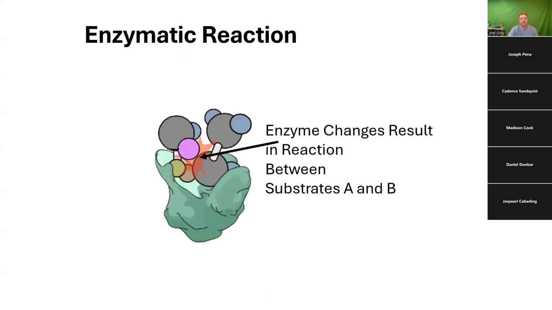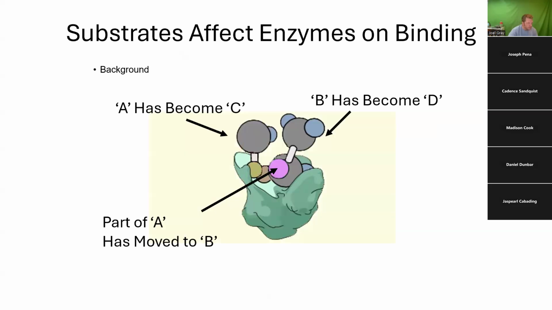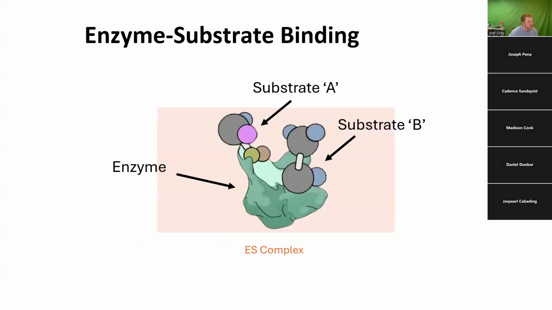The enzyme will bring these two things in close enough proximity where a reaction is going to take place between our two different substrates. This is denoted as ES star. This is where our reaction has taken place, but our substrates are still bound by our enzyme. Substrate A has become C, B has become D. And to kind of show what's taking place, I want to take you back for a second.